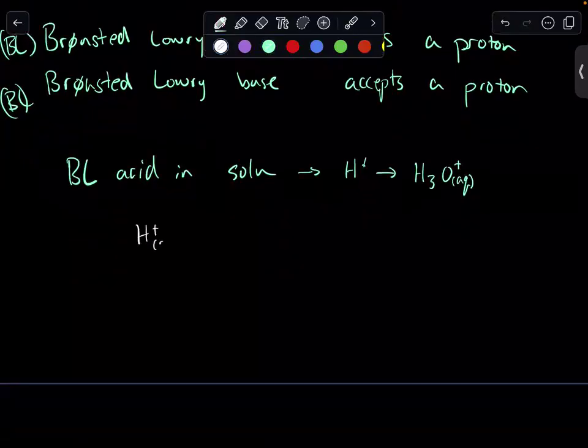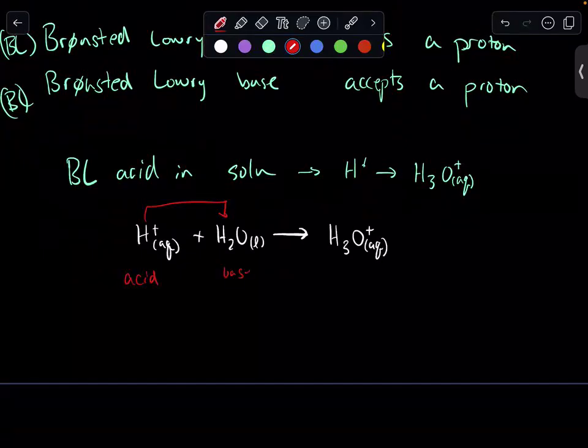H plus aqueous plus H2O, our water liquid, reacts to form H3O plus aqueous. You'll actually notice because this H plus is attaching to the water, our H plus is our acid and our water is actually acting as a Bronsted-Lowry base. Oddly enough, that is the process by which we produce hydronium.